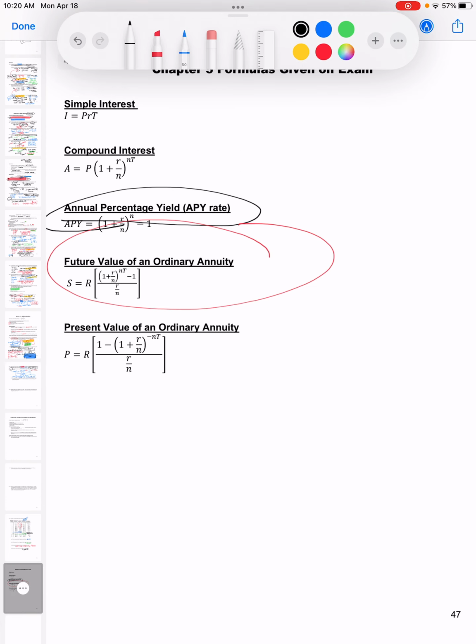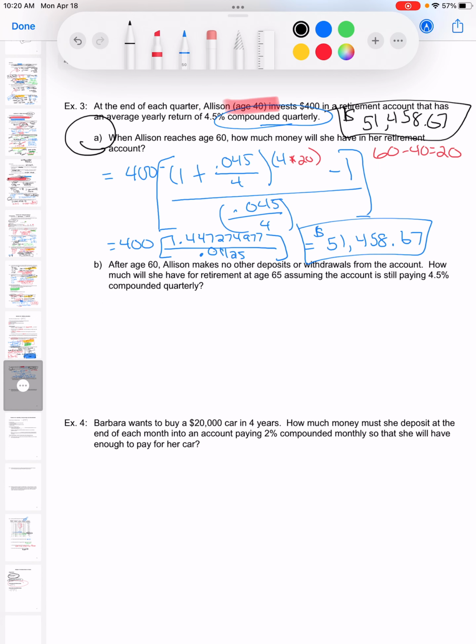Just to remind you, we're going to use this formula right here now because we're just making a one-time deposit of the $51,000. Remember, I would totally have that formula sheet with you for the test, if you picked up the notes packet outside my office, or just print that one out to have a copy of that sheet with you so you can keep straight all these different formulas.